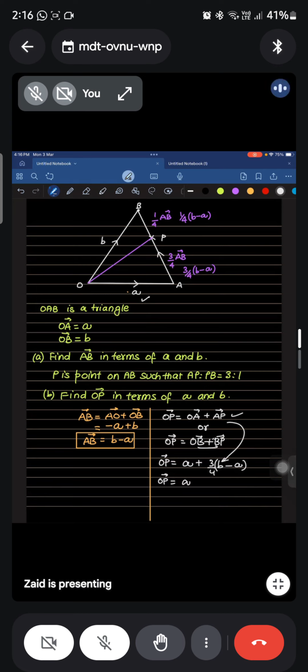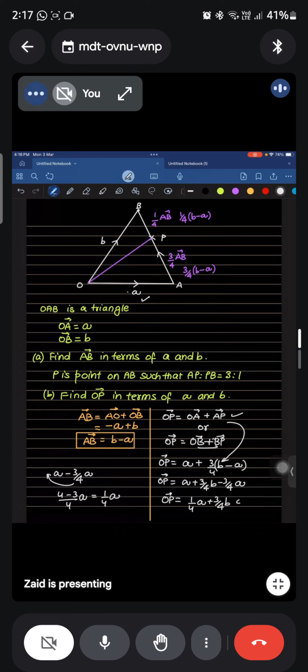So A can be simplified. It's 1 minus 3 over 4 A. So 4 ones are 4, minus 3 over 4 A, so it's going to be 1 over 4 A. So OP comes out to be 1 over 4 A plus 3 over 4 B, or you can take 1 upon 4 common, so you're going to have 1 over 4 times (A plus 3B).